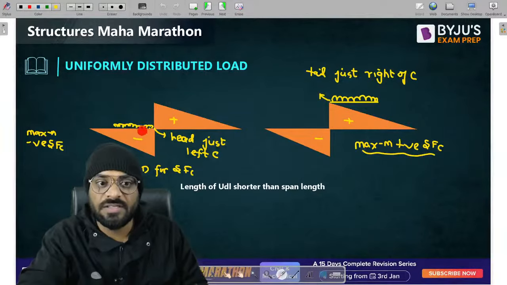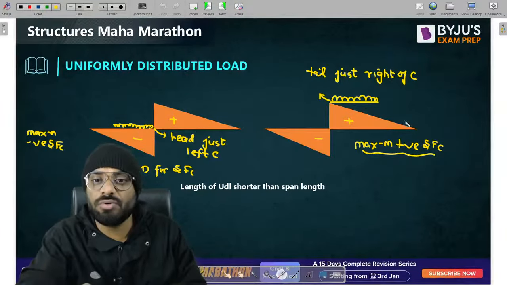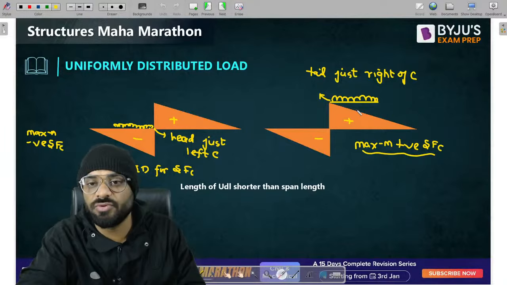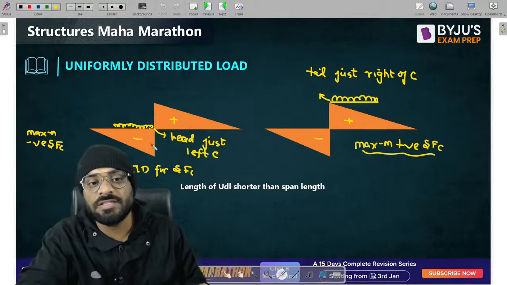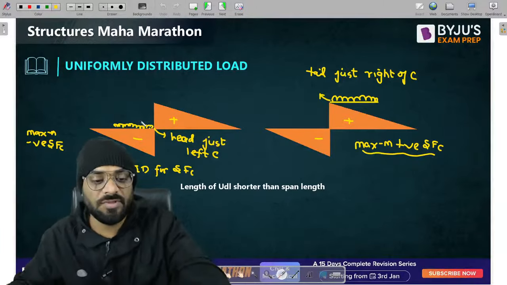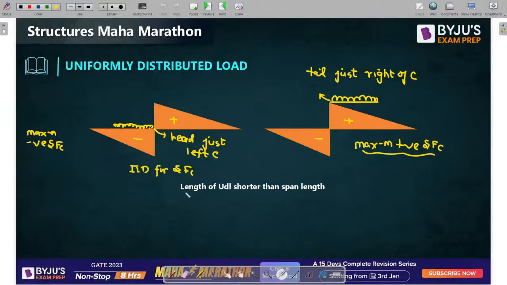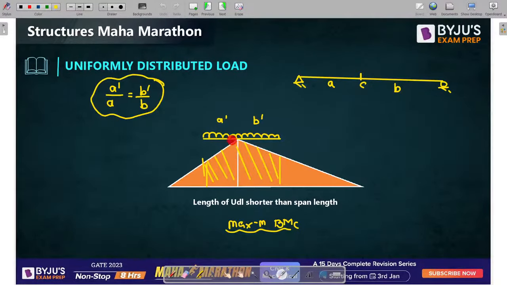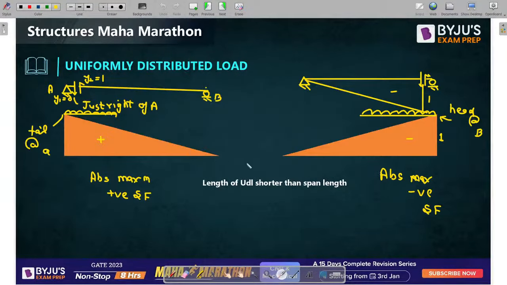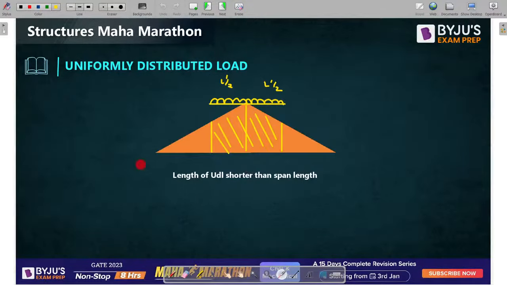In this case, if you want to calculate absolute maximum, sorry, maximum positive shear force, cover only the positive area completely. In this case, cover the negative area completely. In this case, cover the negative area completely. In this case, cover the entire area.